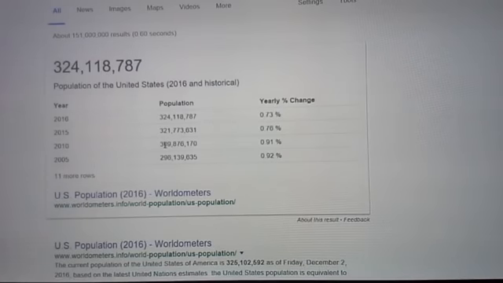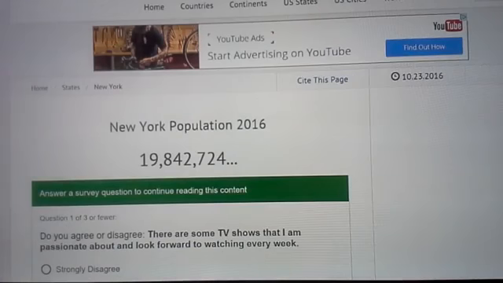So I see a discrepancy there of 20 or 30 million people. Which, quite honestly, is pretty hard to swallow.